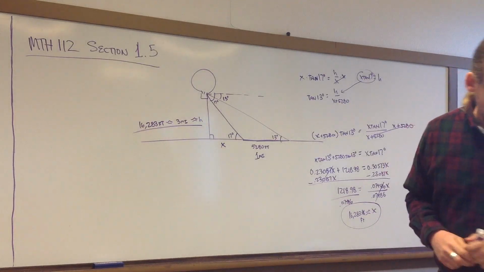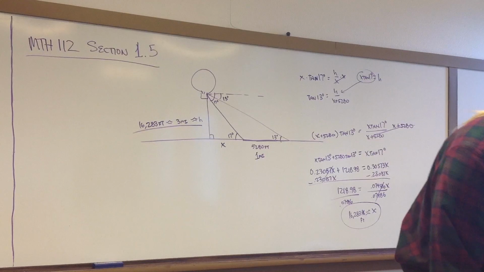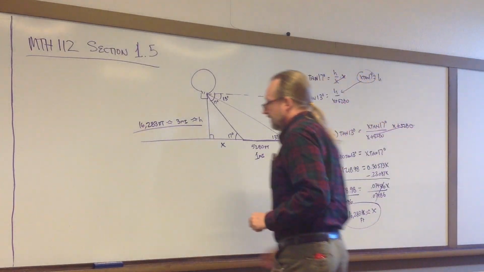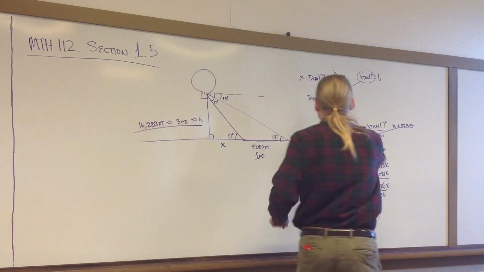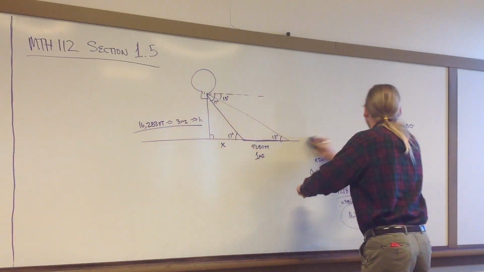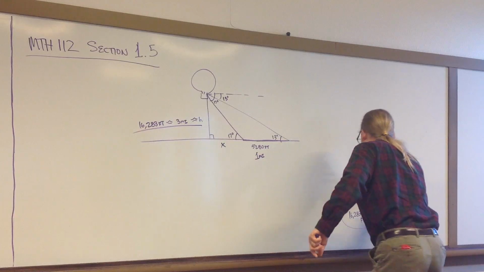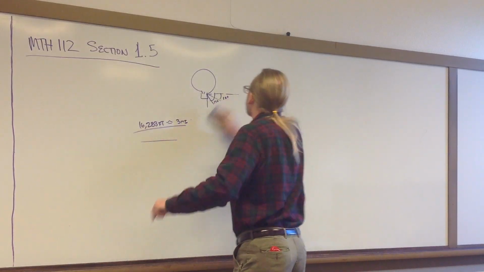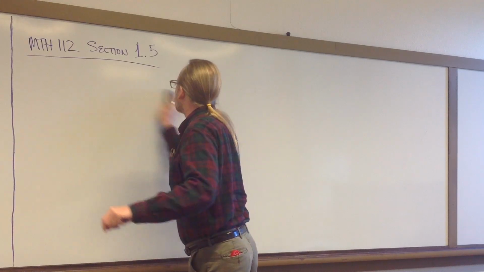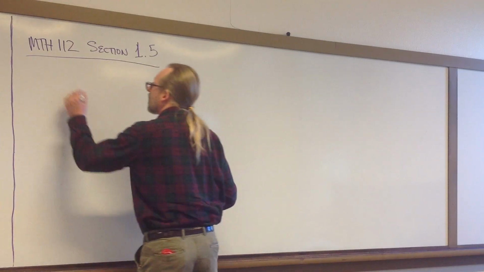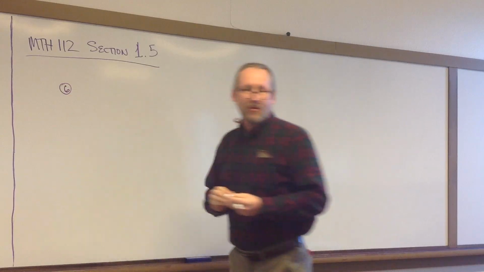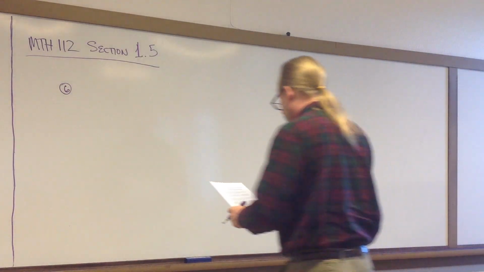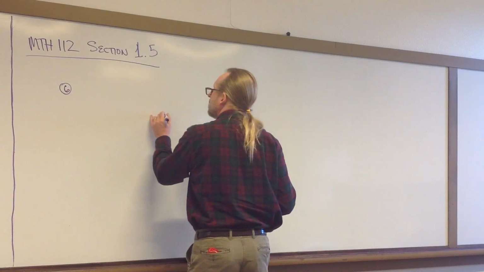So that was problem 4. Let's take a look at problem 6. Okay, so problem 6, angle of elevation from a point on the ground to the top of a pyramid.